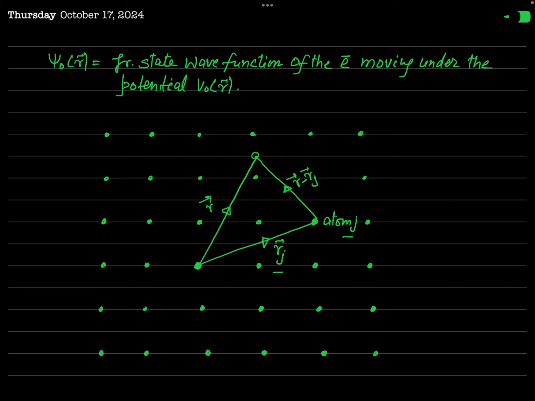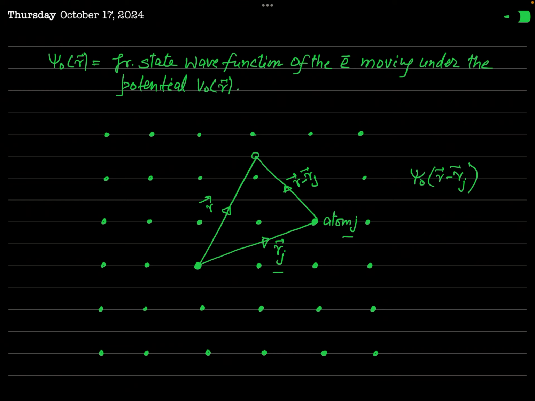Now, in view of the assumption that the motion of the electron in the vicinity of a particular atom is only slightly influenced by the presence of other atoms, the electron wave function near this jth atom is approximately independent of the other atoms and is approximately given by psi naught of R minus Rj.